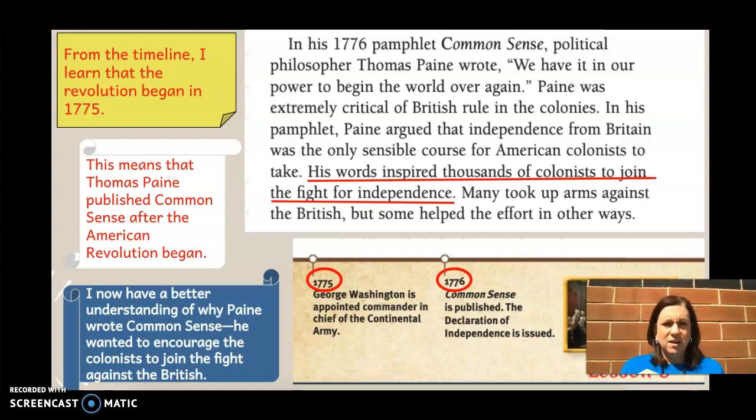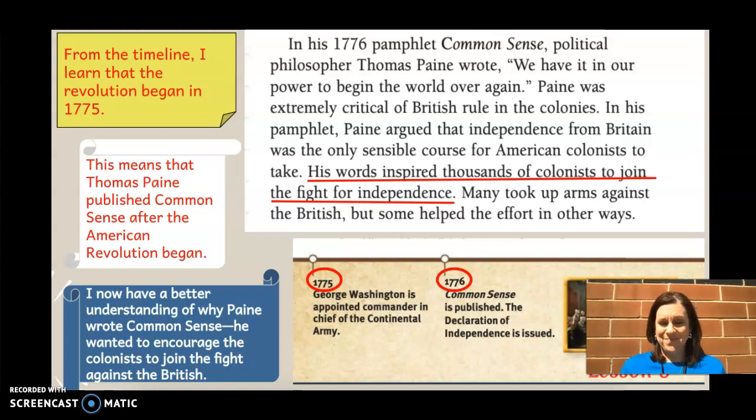He wrote that to encourage colonists to join the fight against the British. That's exactly why he wrote that. So that timeline gives a really great understanding of why he wrote it then. Why didn't he write it before? It happened after the American Revolution, so he was encouraging more people to join the fight.